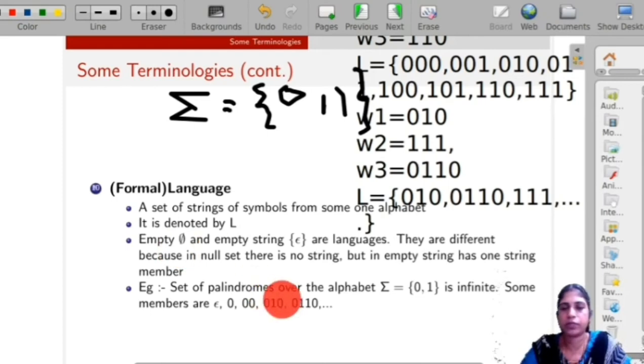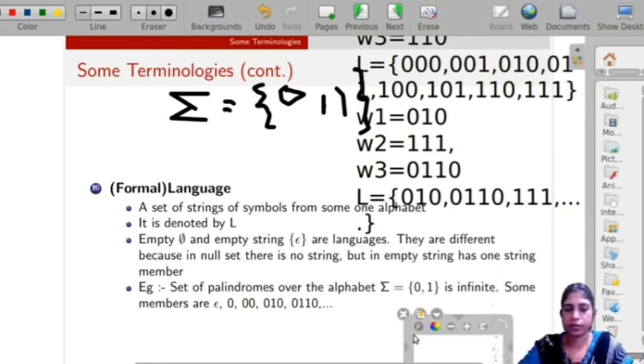The set is empty. We can represent the empty set like this. But empty string means the set contains one string, that is the empty string. So that is the difference between the empty set and the empty string. These two are languages.